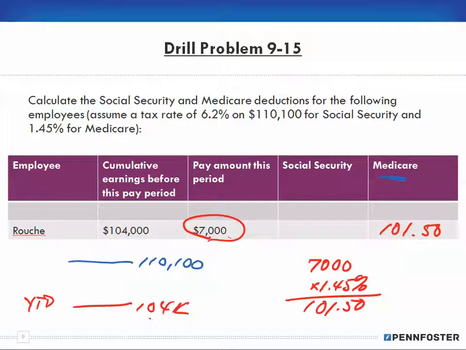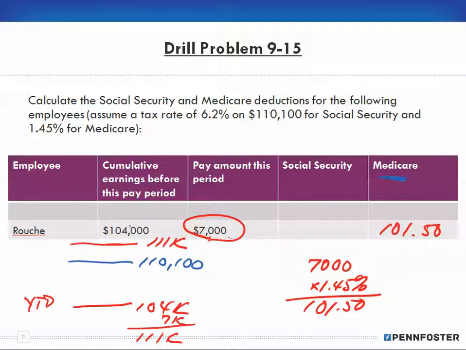So 104,000 plus 7,000 is 111,000, which now puts the year-to-date up here at 111,000.